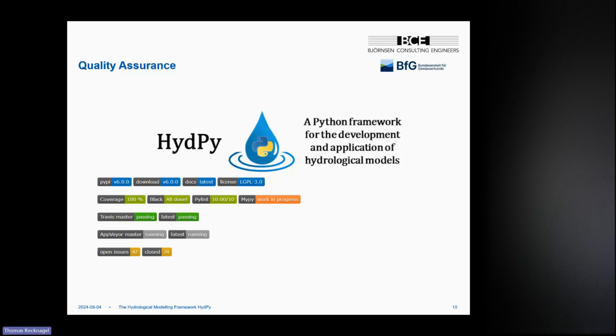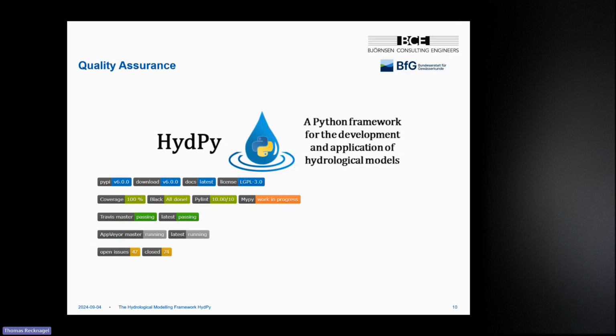From the beginning, HydPy had a great focus on standards of modern software development. So you see all these badges, we have a 100% coverage. That means that all code in HydPy has unit tests or doc tests, which run this code for tests and make sure that the code works as it's supposed to.